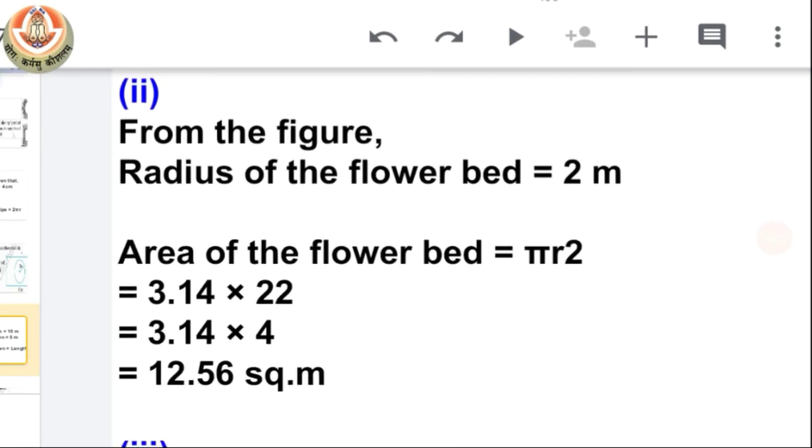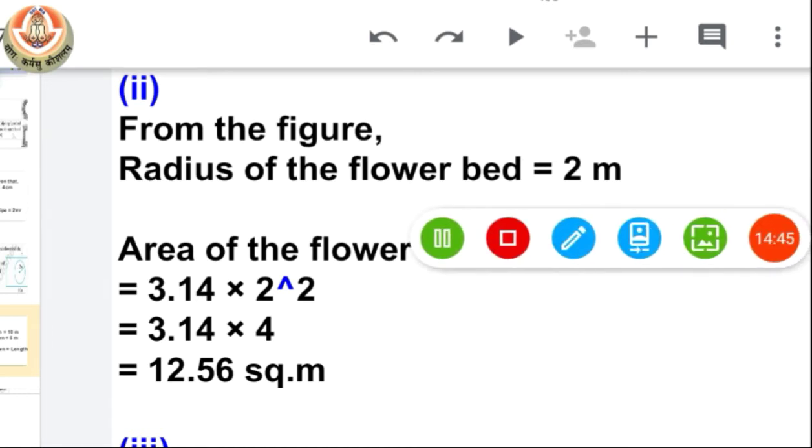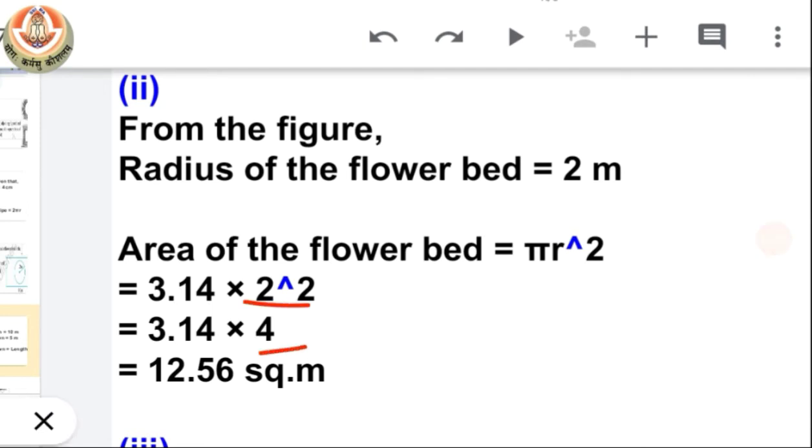From the figure, the radius of the flower bed is 2 meter and we have to use the formula pi r square. We put the value 3.14 for pi and the radius is 2. So the square of 2 is 4. Now the multiplication of 3.14 and 4 is 12.56 meter square.